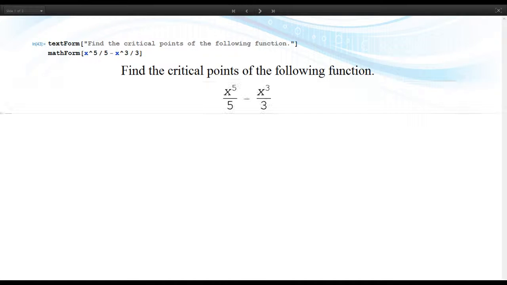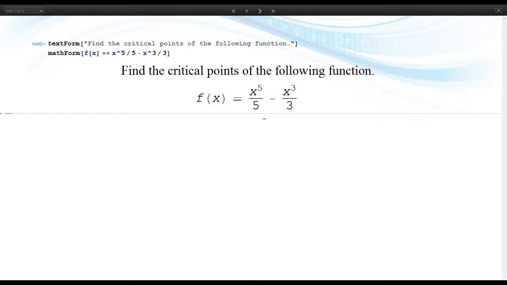The first of which is going to be to find the critical points of x to the fifth divided by 5 minus x to the third divided by 3.